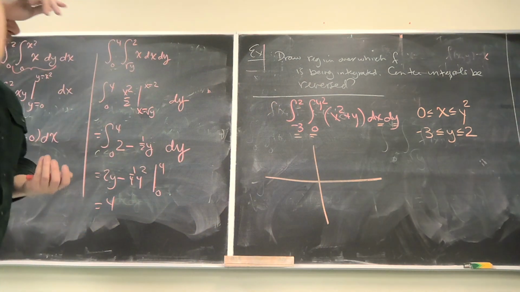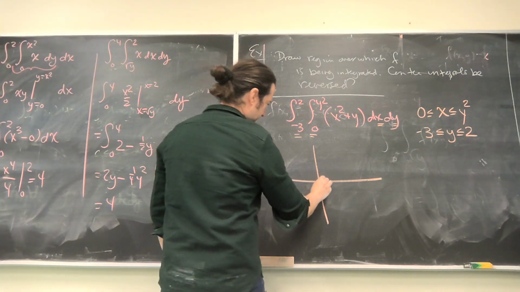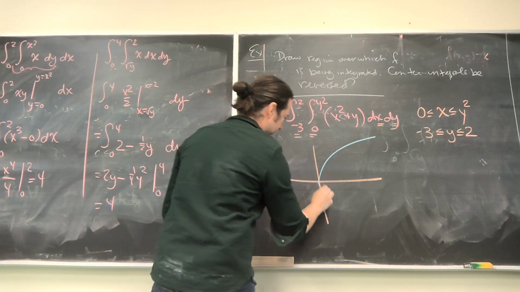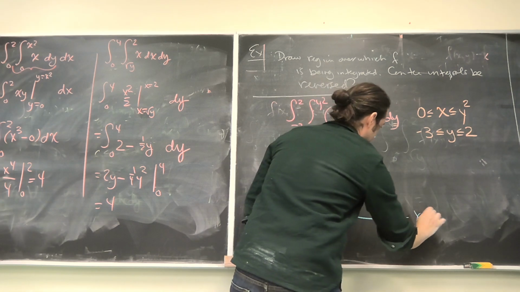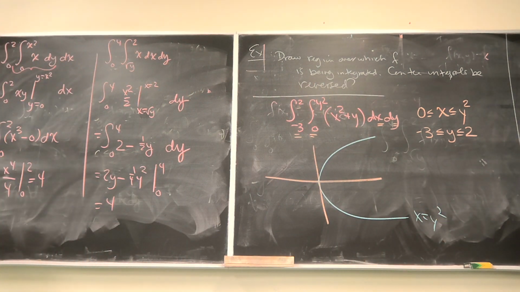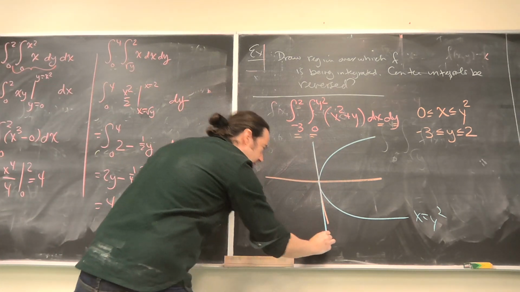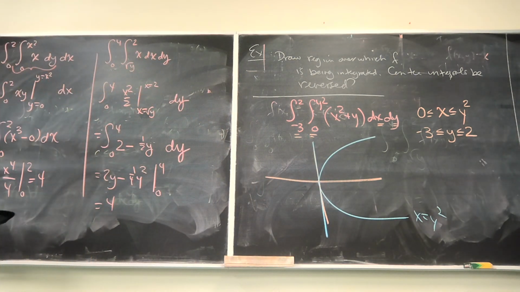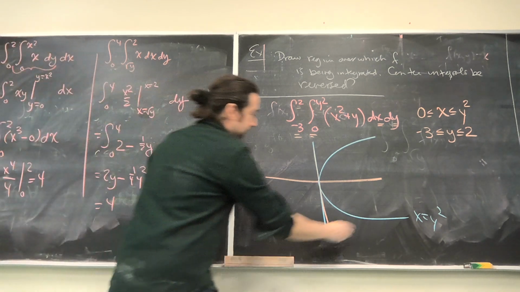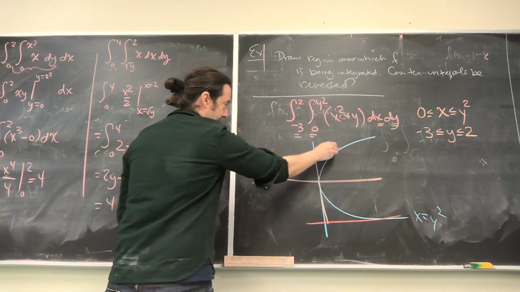okay, x is equal to y squared looks like this. 0 is this function. Y equals -3 is right here. Y equals 2 is right here.